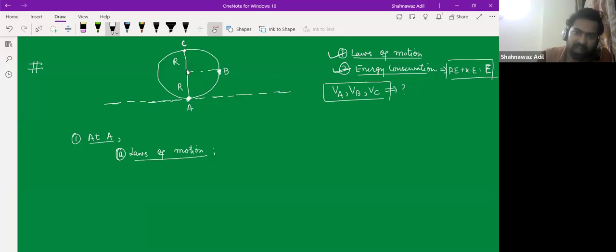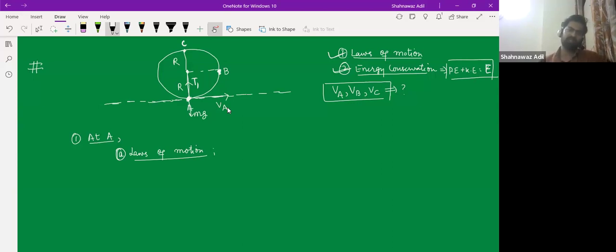Let's say this is the rope, so tension is towards here, and let's say this is T1. I have this mass, so mg downwards. And this is moving tangentially with velocity VA, in a circle.